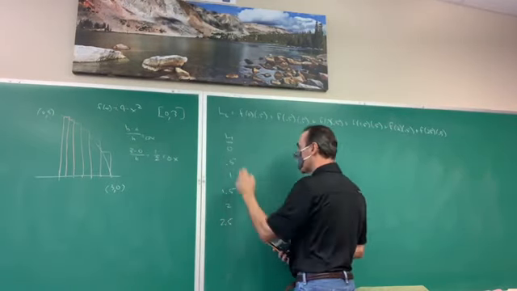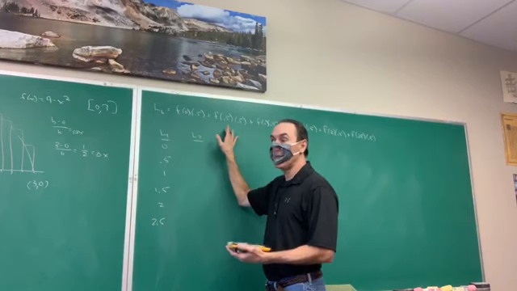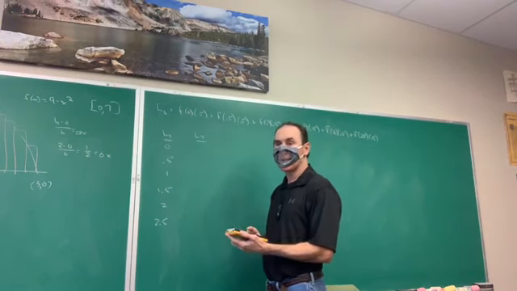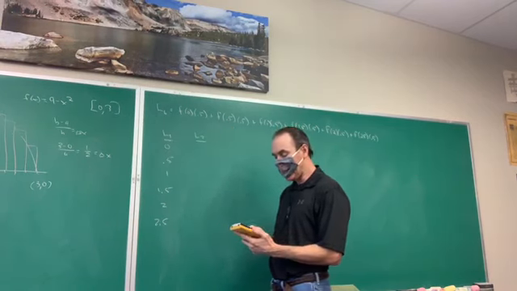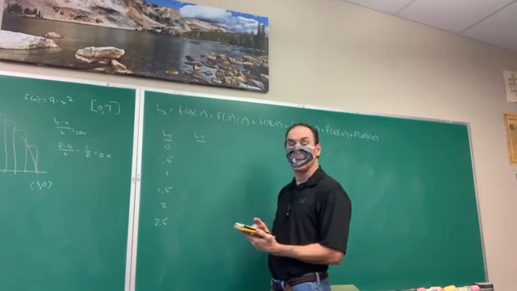Now then in L2, let me make sure I'm following it the way they're telling us to. Yeah, so what we're going to do is plug in all of these values in L1 into our function, and those are going to give us our heights. Those are going to be the values of f of x. And this is where, again, the power of the calculator comes in. So I'm going to go right arrow, so I'm in L2. I'm going to go up arrow into the formula bar. Okay, you with me?